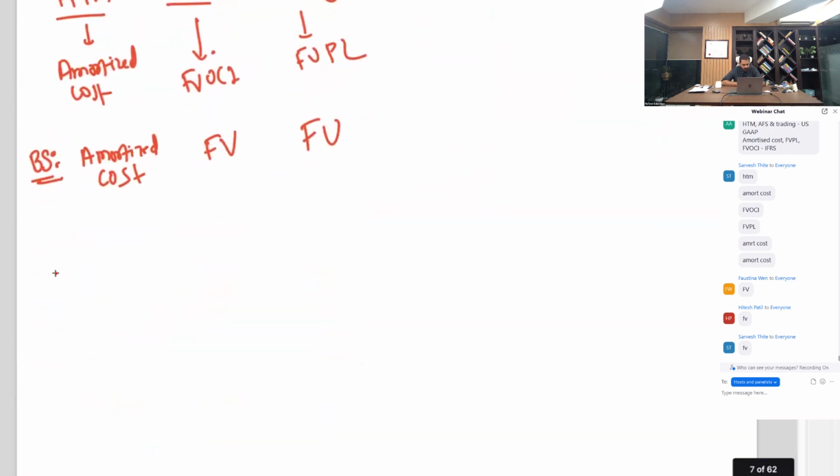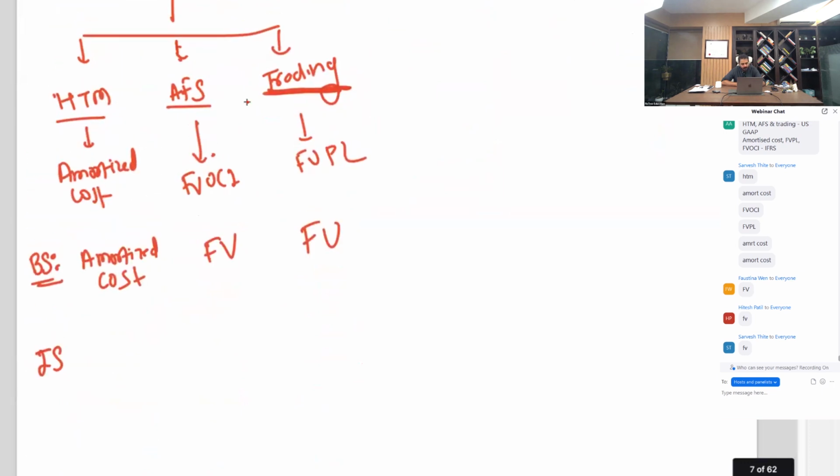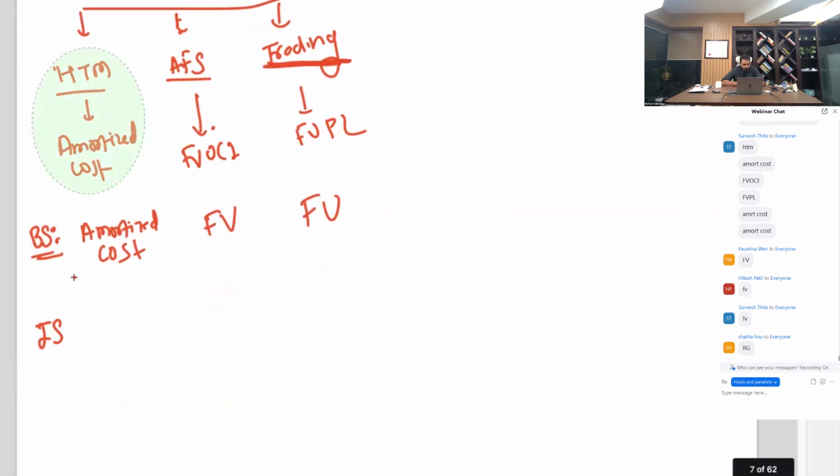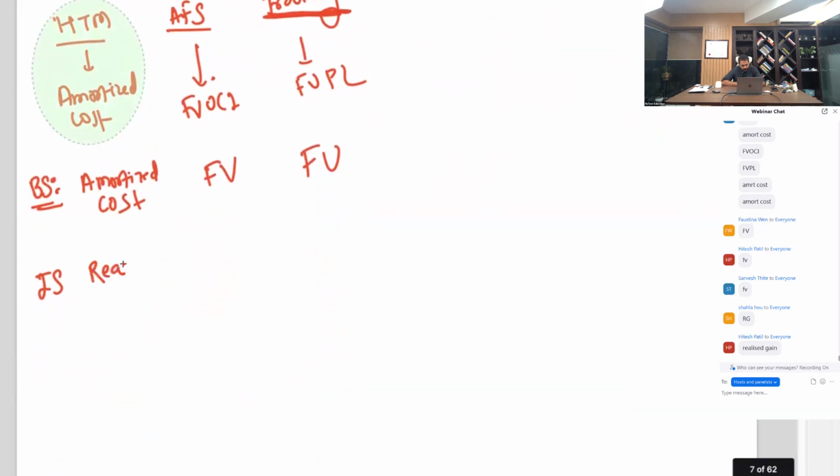It's simple, straightforward stuff. What do I show on the income statement? Under HTM, on the income statement we recognize only the realized gain. Now, I'll do an example with you. You'll realize that realized gain and received in cash are two different components.